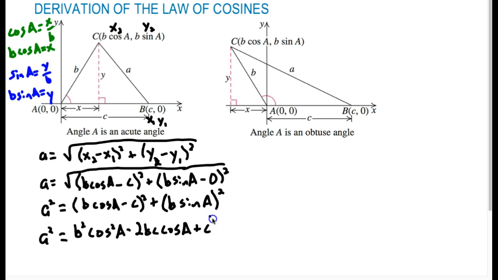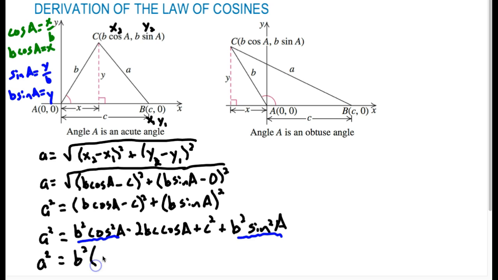So that would be plus c squared. And then over here, we just have one thing to square. So that would be plus b squared sine squared of A. All right. Now, we can actually simplify this a little bit further. If we look at this term and this term, they both include a b squared. So I can factor a b squared out of each of those and write it like this.